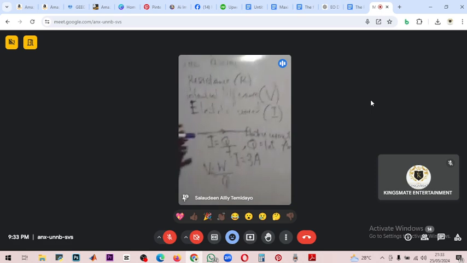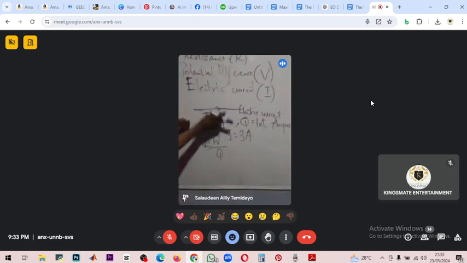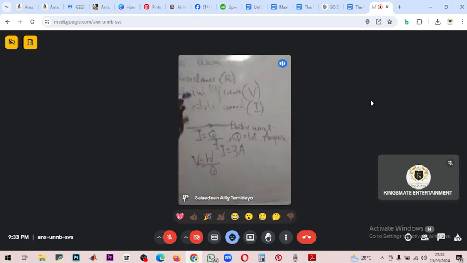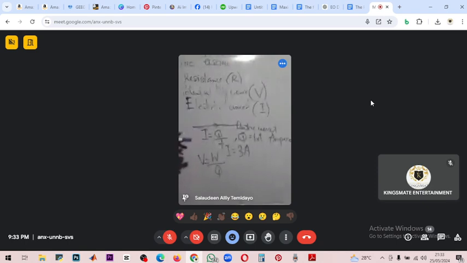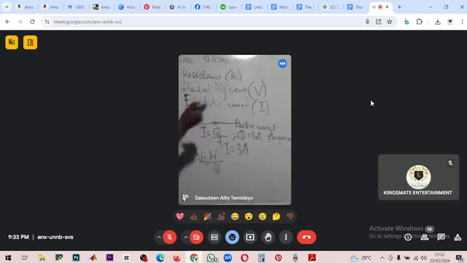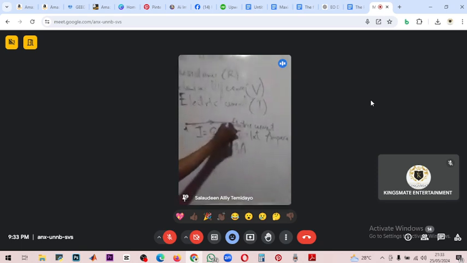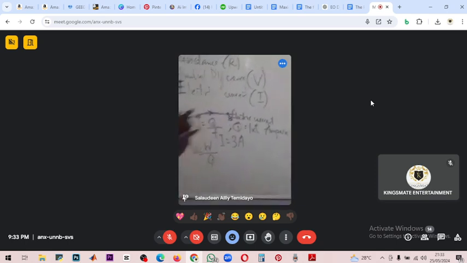I said electric current is the rate of flow of electric charge. That is Q over T. But the potential difference between two points, it might be A and B, is defined as the work done to move a unit positive charge. If the unit positive charge is at point A, and this is point B, this is a conductor.